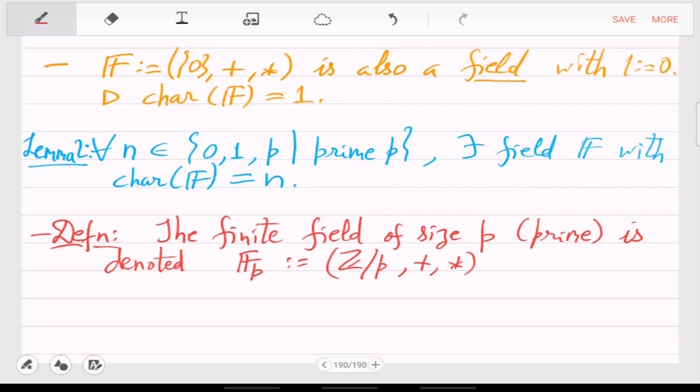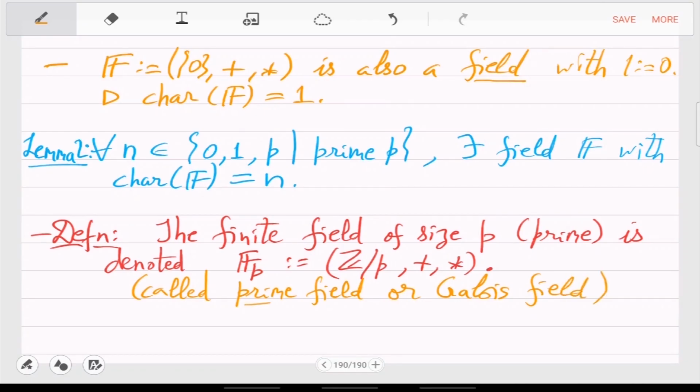It has characteristic p, size p, and all these operations are present. So it's a famous finite field. It is also called prime field or Galois field.